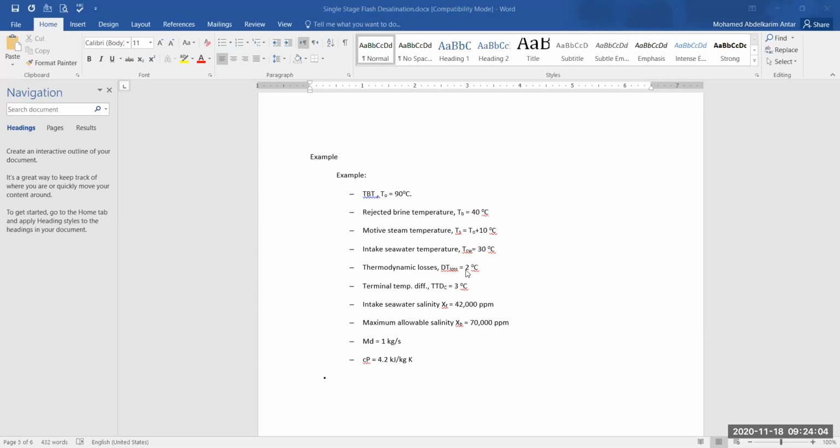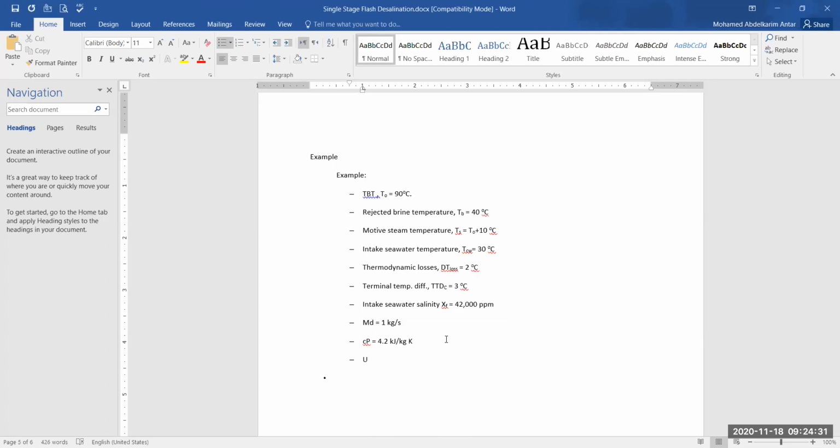Thermodynamic losses, delta T loss, are 2 degrees centigrade. Terminal temperature difference is 3 degrees centigrade. Intake seawater salinity is 42,000 ppm. The maximum allowable brine salinity is not given in this example.